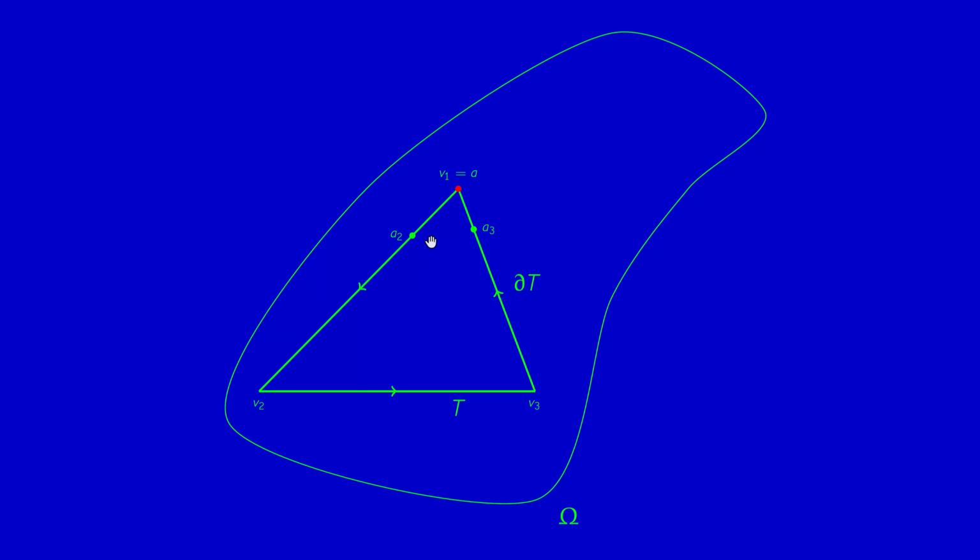But I choose A2 and A3 sufficiently close to the vertex A, so that the perimeter of the small triangle is less than epsilon. Okay, fine. And now I join A3 to V2 and I form 2 other triangles. So the triangles V2, A3, A2, and V3, A3, V2, right?